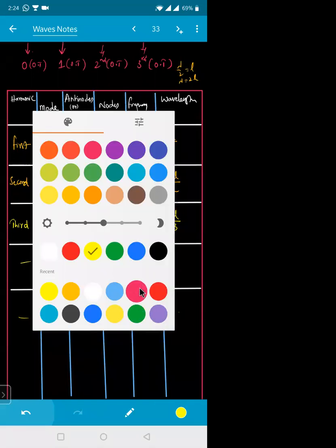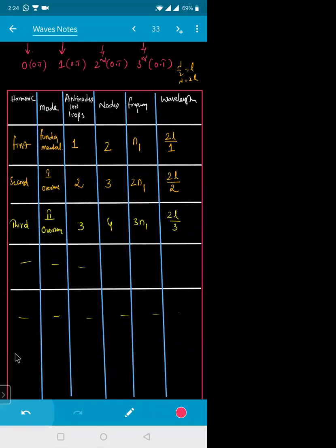Finally, if I am talking about the kth harmonic or the 5th harmonic, the mode will be equal to how much? K. K minus 1th overtone.